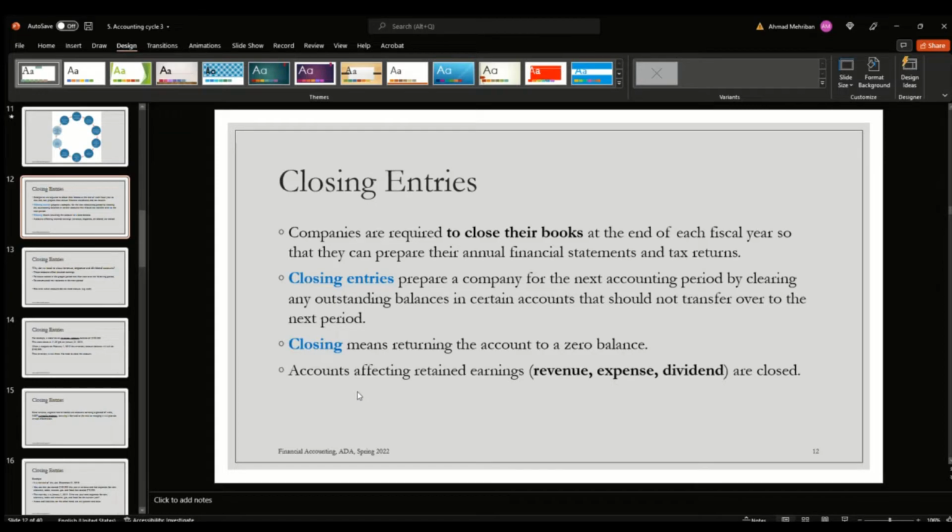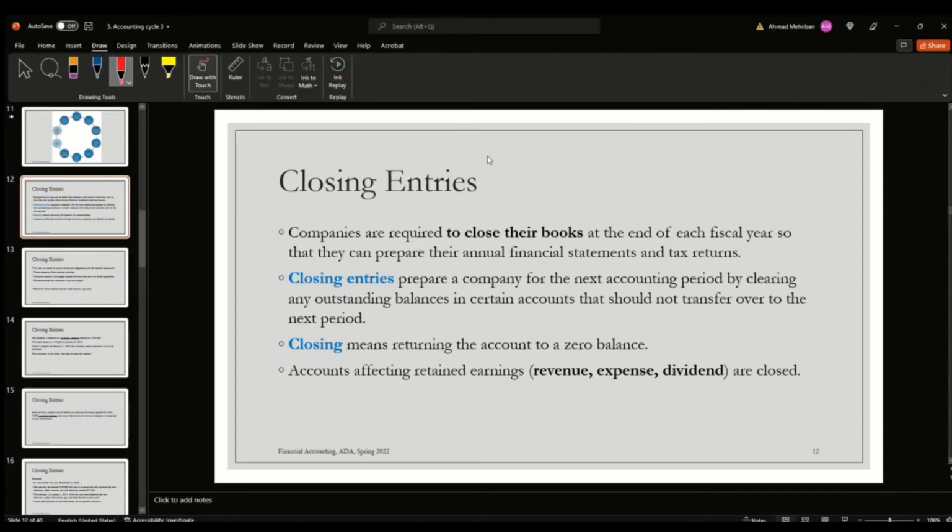The reason why we need closing entries is because when we prepare our accounts, I have to emphasize here, not financial statements, but accounts, our books, we have to close some of the accounts because if we shift them to a new period, they will provide us with misleading information.